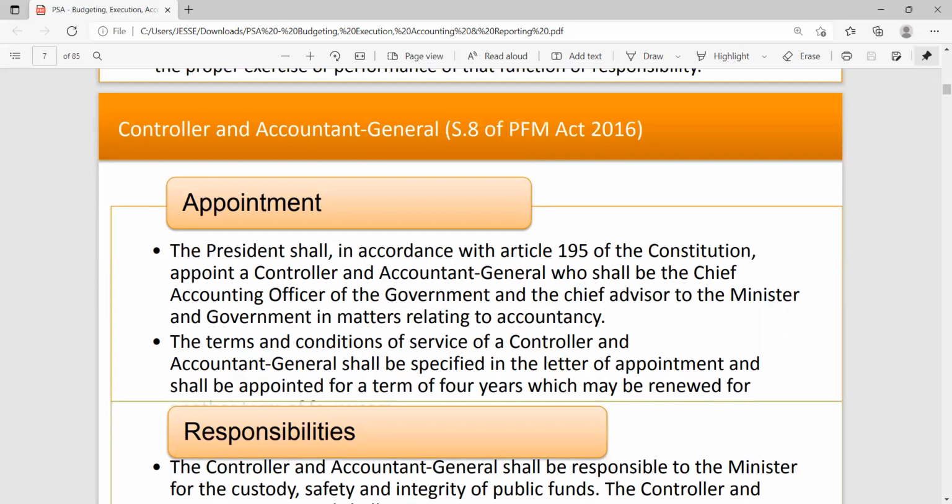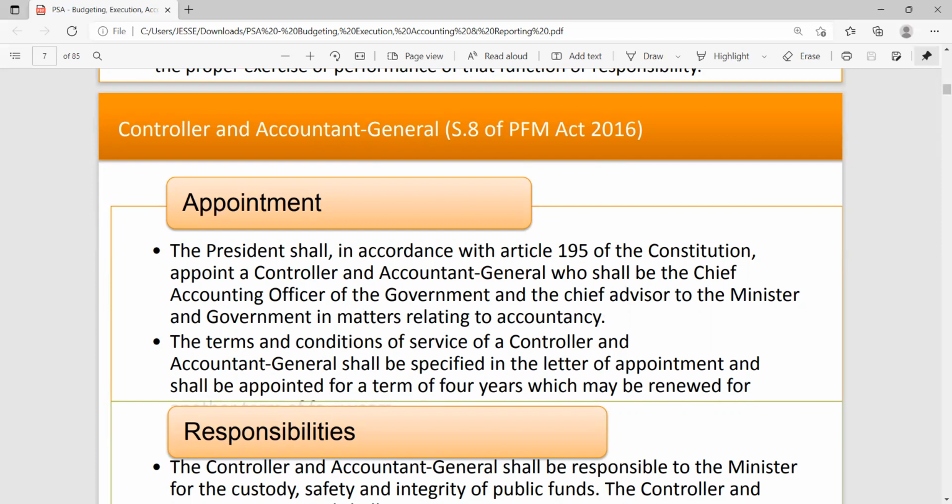They are the accountants of the government. So the president appoints the Controller and Accountant General in accordance with Article 195 of the Constitution. So the President appoints this person.